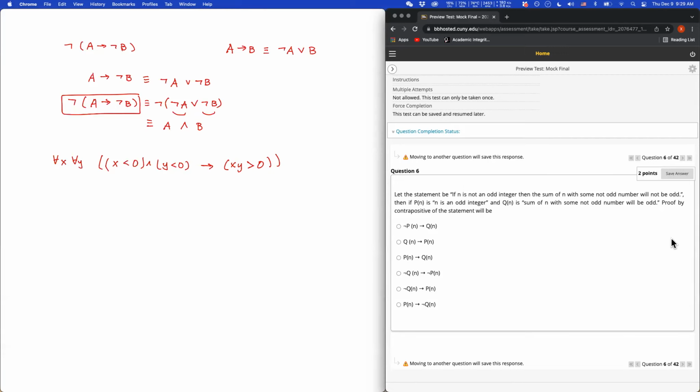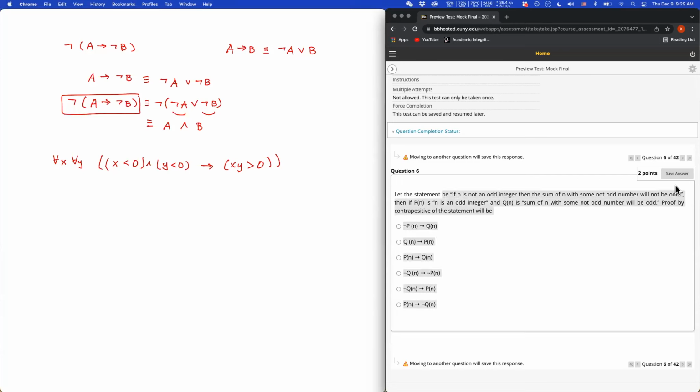Now it's asking which of the following provides the contrapositive of the statement. So if you look at the statement here, the if part is a negation of P(n), and then the conclusion part is a negation of Q(n).